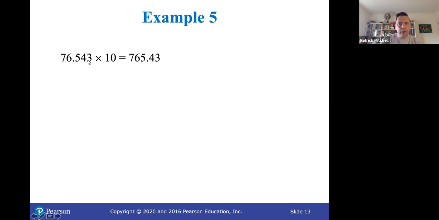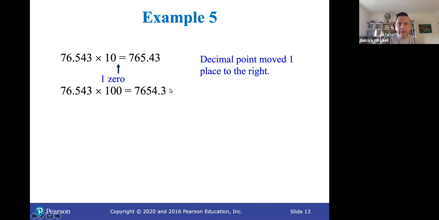76 and 543 thousandths times 10. Since there's only 1 zero in the number 10, you just move the decimal point 1 place to the right. 765 and 43 hundredths. If you multiply by 100, you move it 1 more decimal place for a total of 2.